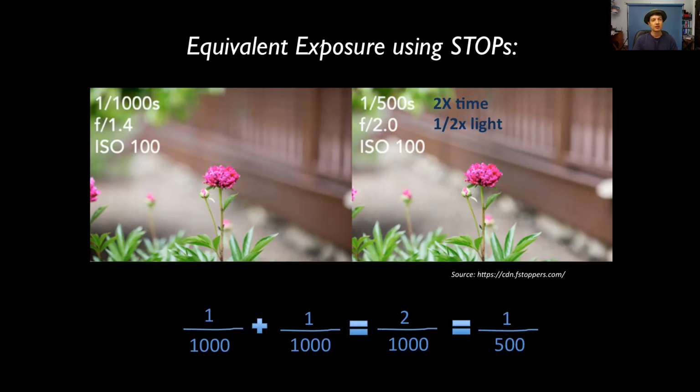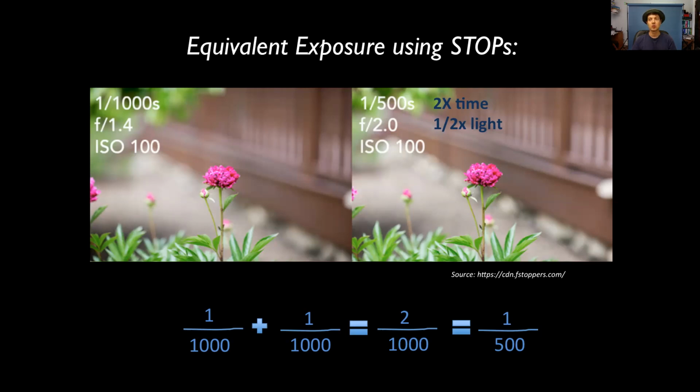So the left image was taken at 1/1000th of a second for shutter speed, the aperture was 1.4, and the ISO was 100. And then on the one on the right, ISO did not change, but the shutter speed and the aperture did. The shutter speed for the one on the right was 1/500th of a second.